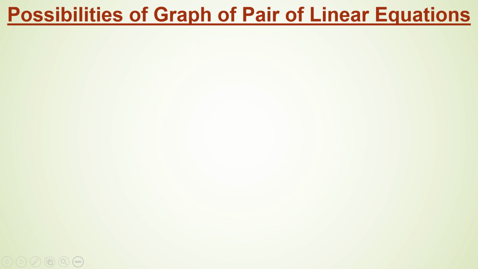Here, let us see the possibilities of graph of pair of linear equations. Since here we are learning about the pair of linear equations, two equations will be together on the graph. So what will be the pattern of those lines on the graph?